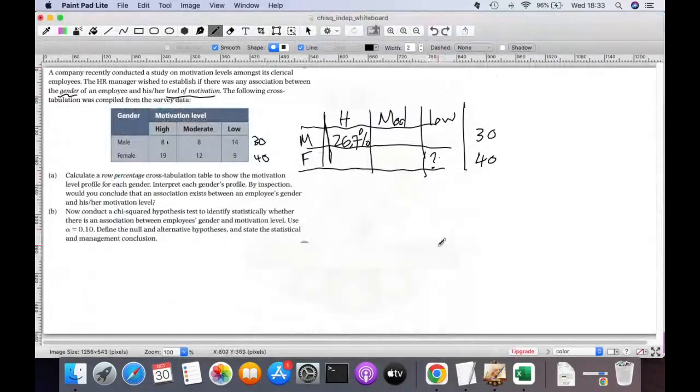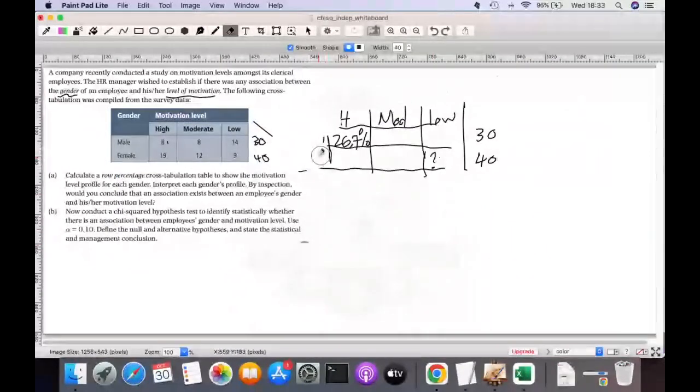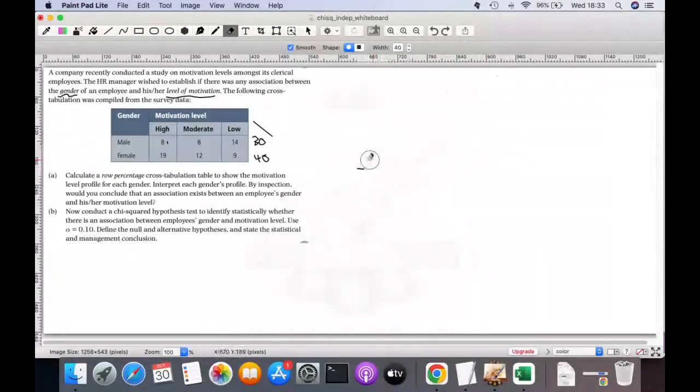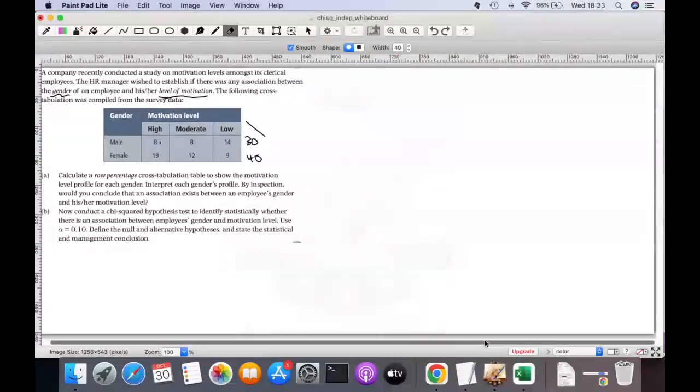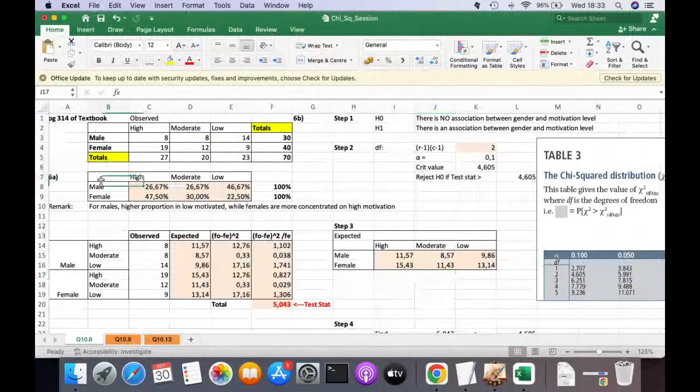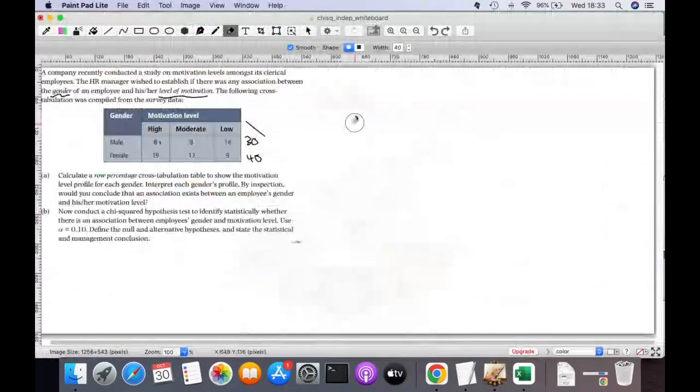Very good, everyone. I'm just going to place the entire table here since you have an idea of how to do it. I'm going to give you the values and then we'll interpret it. I'm going to copy that, paste it here.